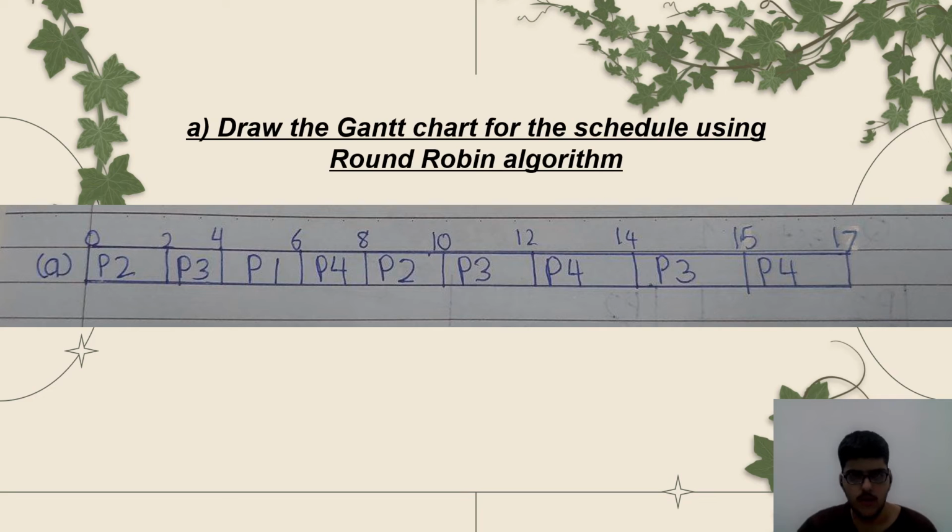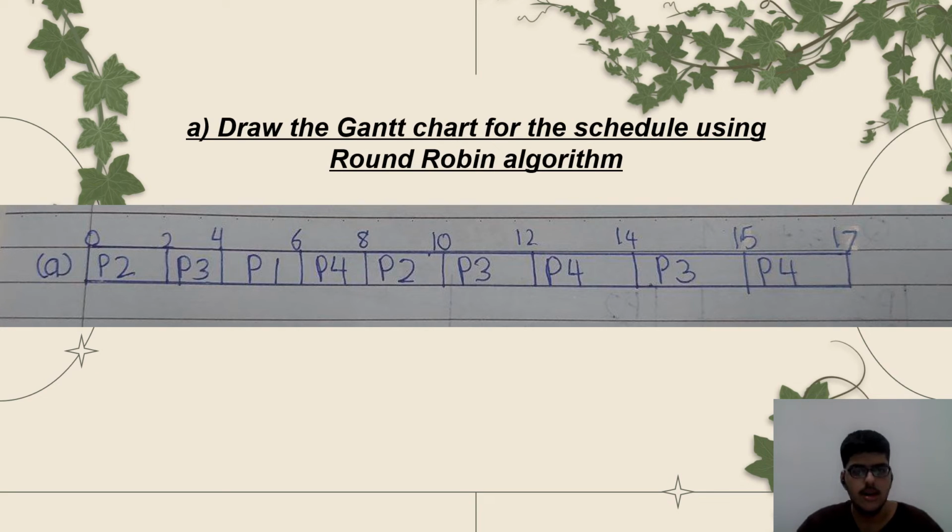From 2 to 4, P3. From 4 to 6, P1. From 6 to 8 is P4. From 8 to 10 is P2. From 10 to 12 is P3. From 12 to 14, P4. From 14 to 15 is P3.